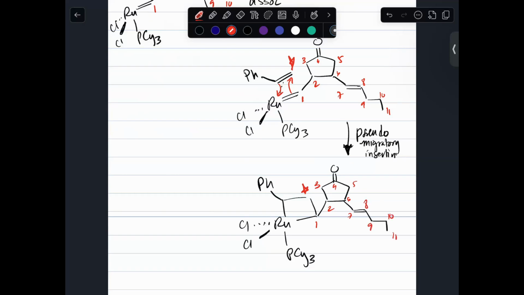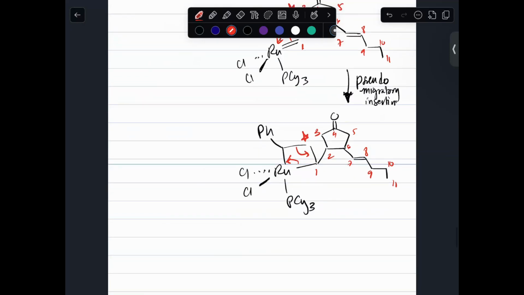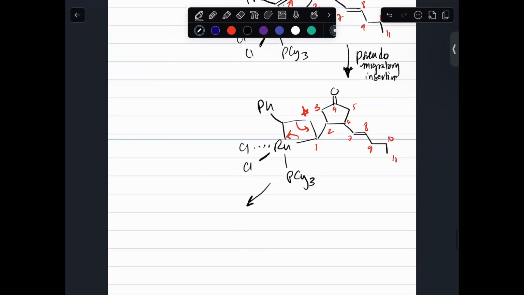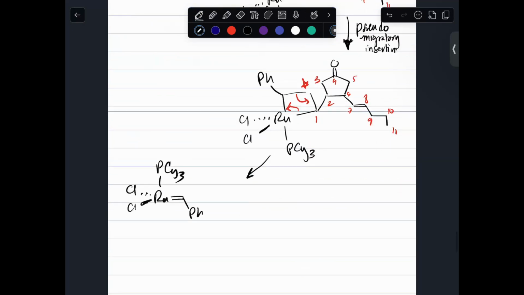It collapses to not only form the desired product, but precursor to my catalyst. Let me draw out the precursor to my catalyst first. And my final product.